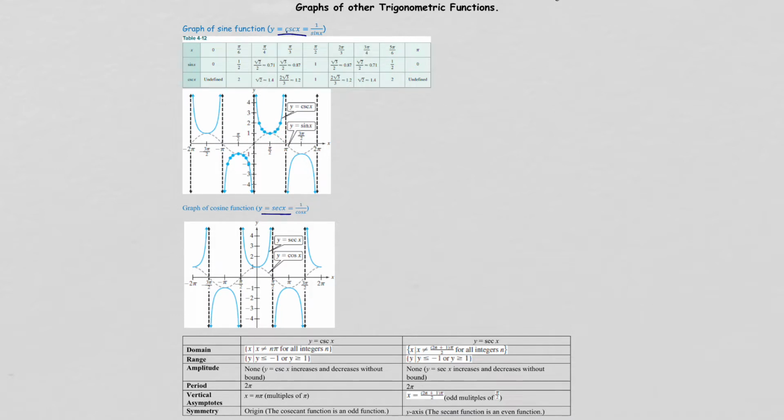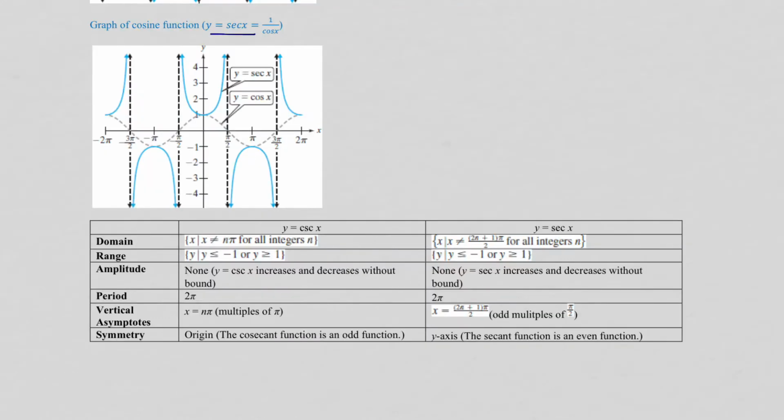Secant is the inverse of cosine, so we're going to draw the cosine graph, and then find the secant graph from that cosine. This is the information you're going to have for domain, range, amplitude, periods, and asymptotes. This is the information for cosecant. This is the information for secant.